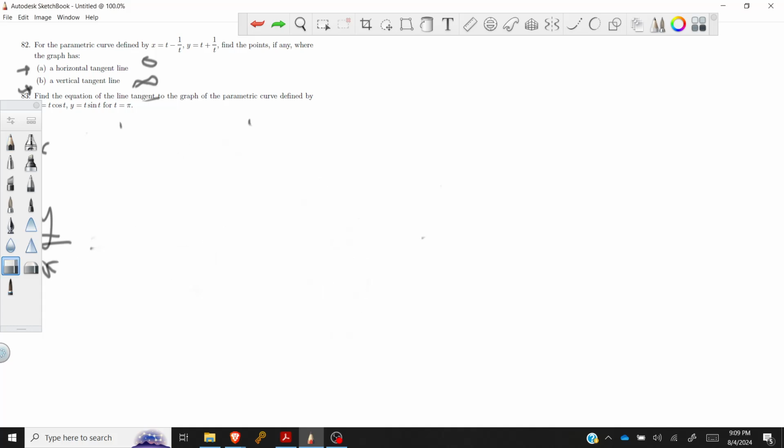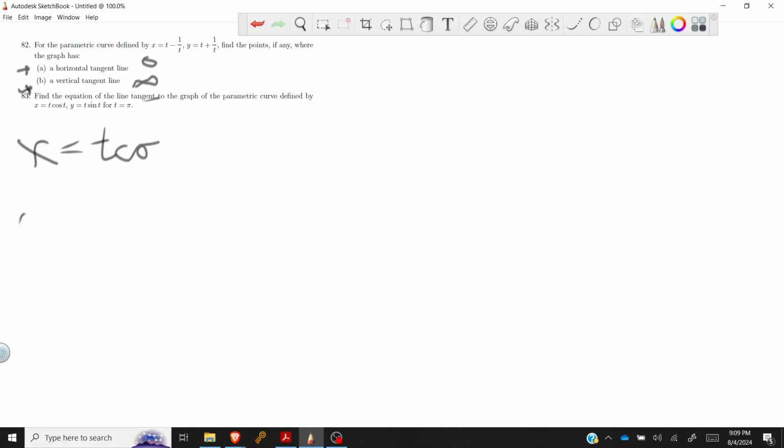Let's look at the second question, because it's a little different. So we need to find the equation of the line tangent to the graph x equals t cosine t, y equals t sine t, at t equals pi.